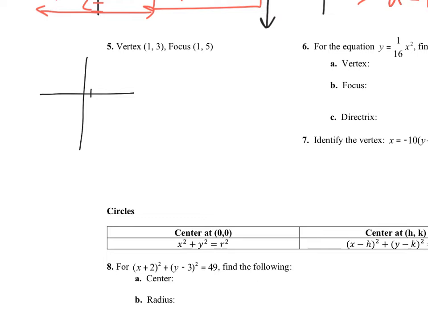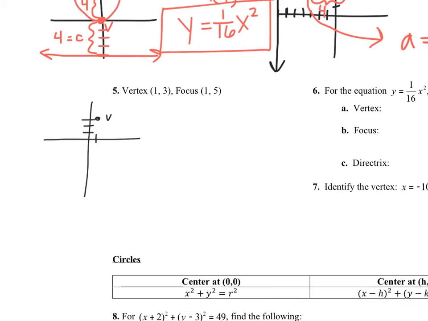So 1, 1, 2, 3. Okay, here's our vertex. And then the focus is at 1, 5. So 4, 5. Our focus would be here. Okay, keeping in mind that our parabola has to have the focus inside. Our directrix would be down here.